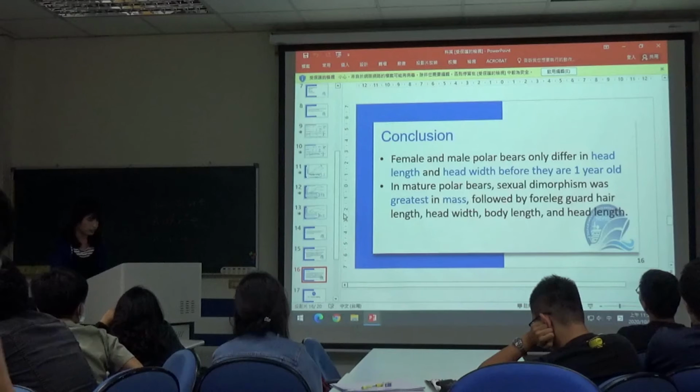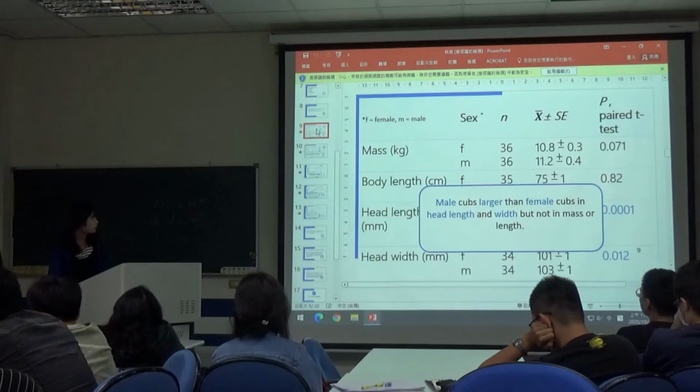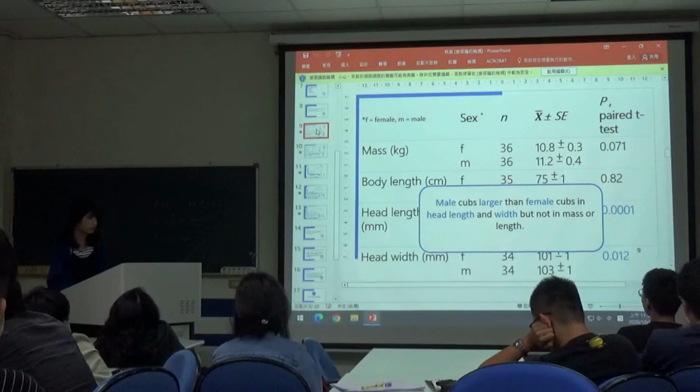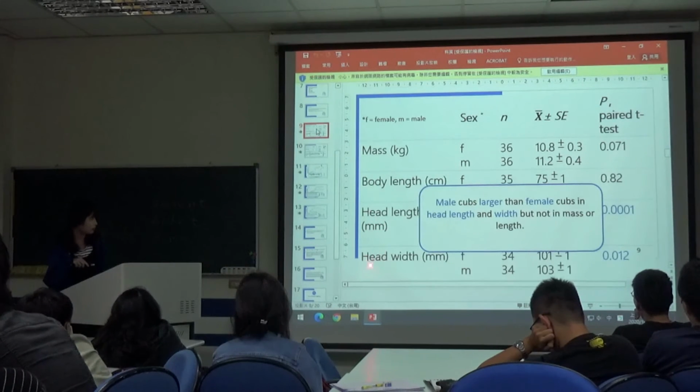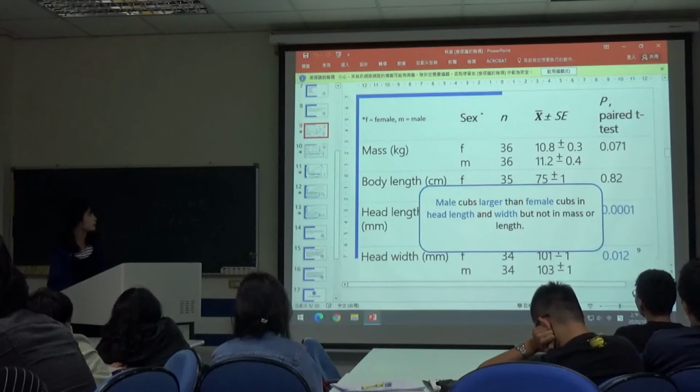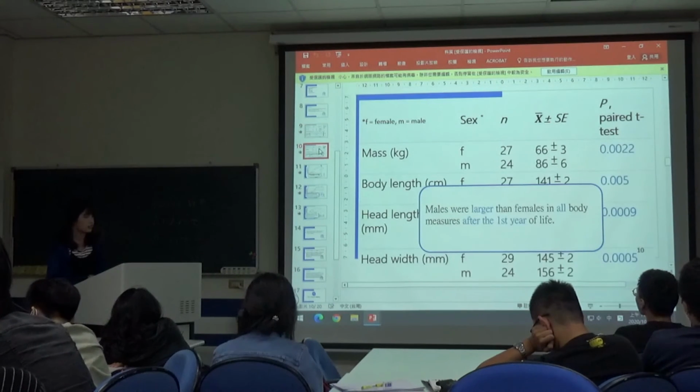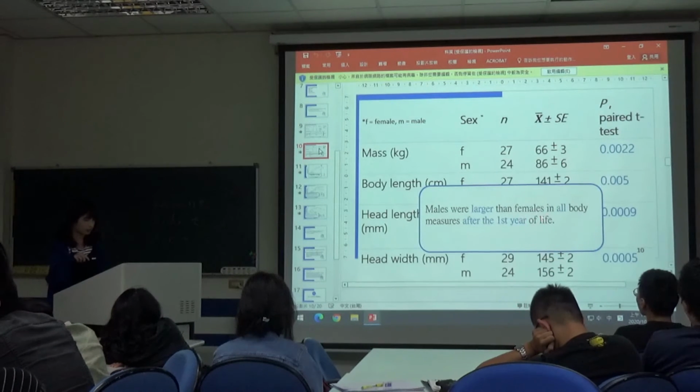The first conclusion is, you see on page 9, this is polar bear cubs, and they only have differences in head length and head width. But after the first year, all of the p-values are smaller than 0.05.